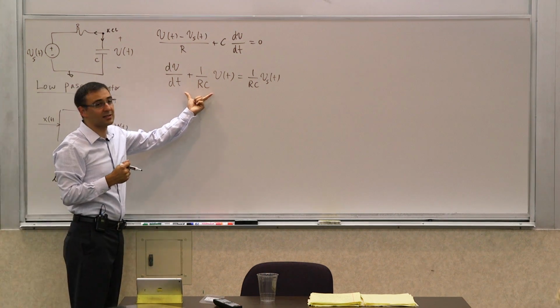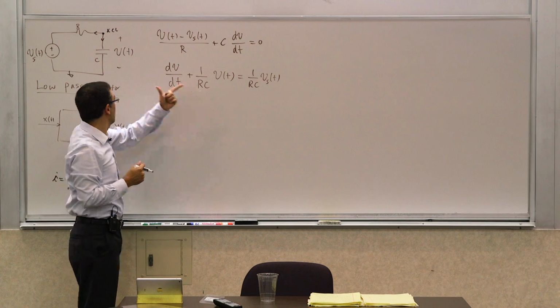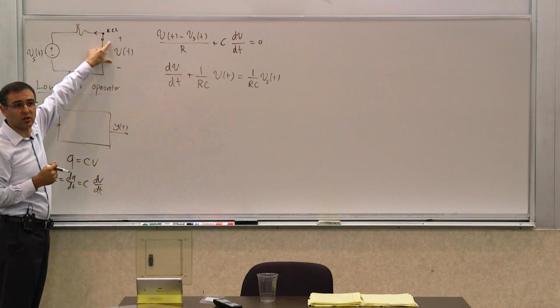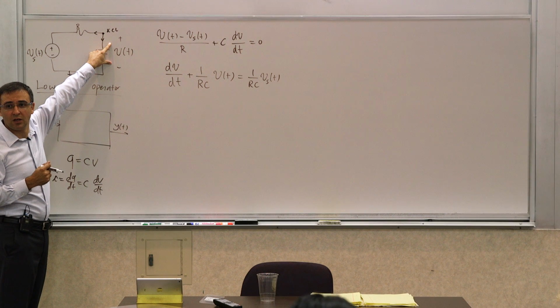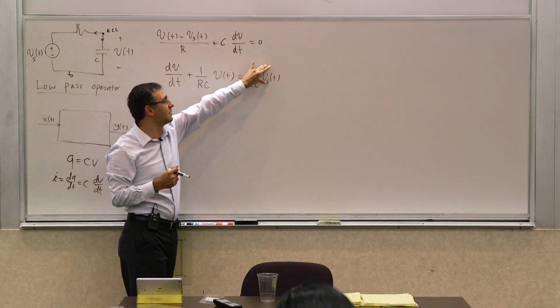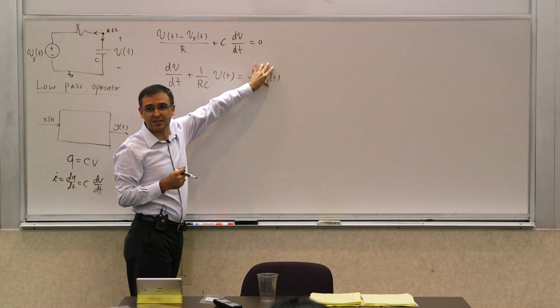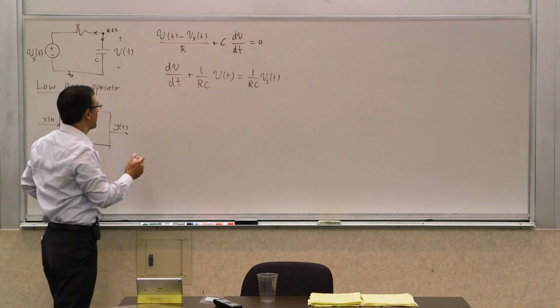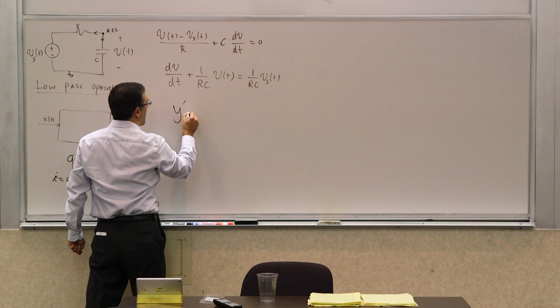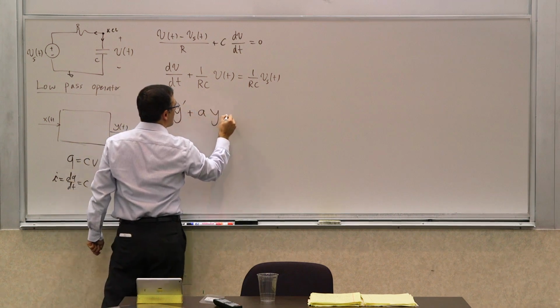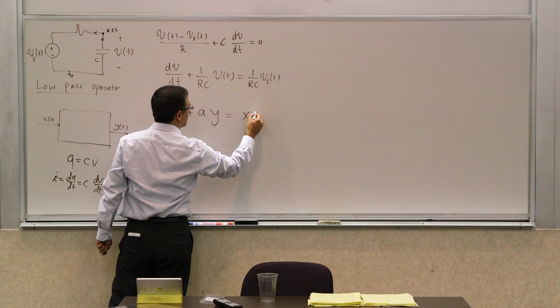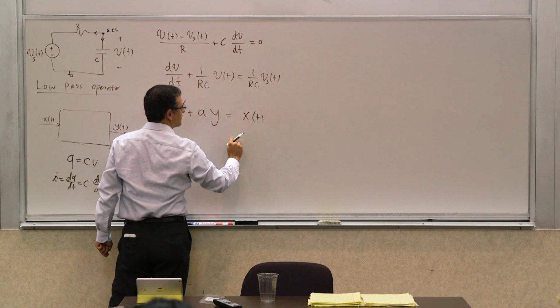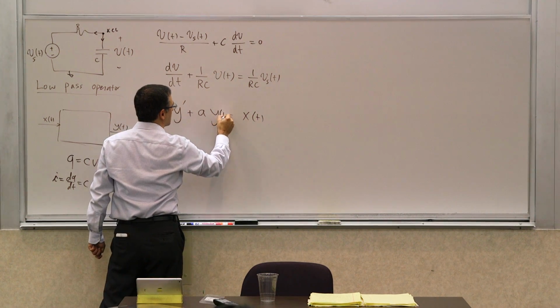What do I have on the left-hand side? It's the function that I'm trying to solve for. It's a differential equation, right? What do I have on the right-hand side? It's the stimulus, right? So if I want to think about it in this framework, I can write this as y prime plus some a y equals some x of t. And these are functions of t, of course.